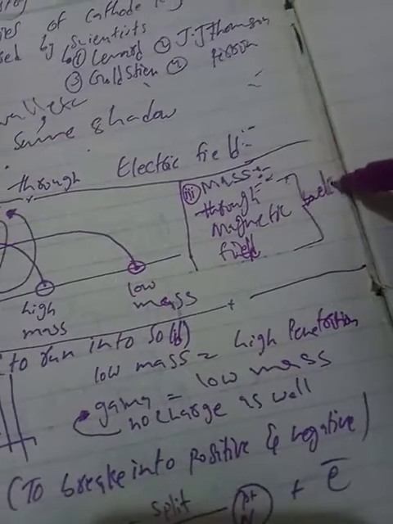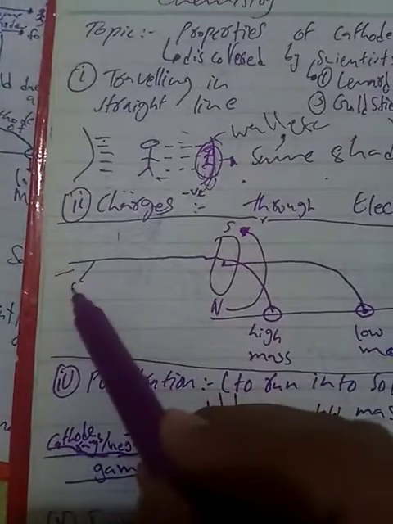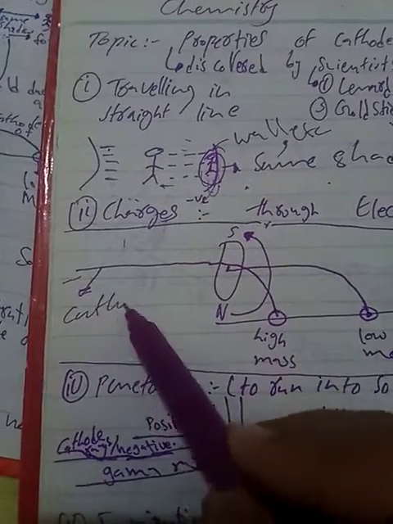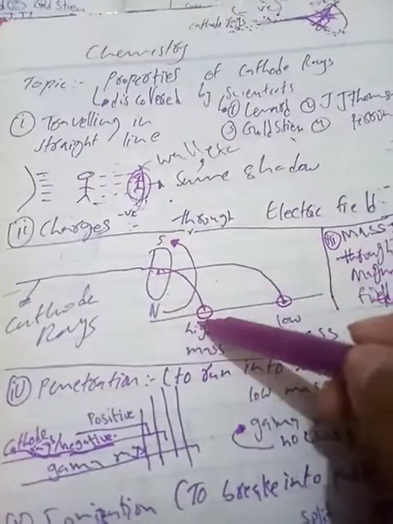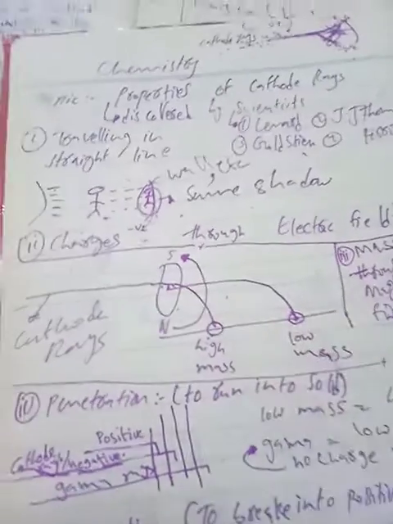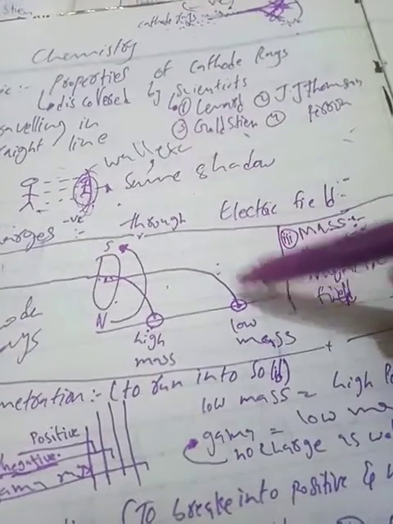We have this experiment in which they pass these cathode rays, and when they pass them, some were falling in a very short time, and other waves were taking a bit more time.